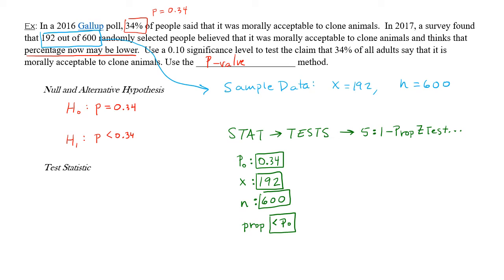In this case, for the test statistic, the first thing it gives me is negative 1.034. And the p-value is the thing that it gives me right below that: 0.1505. Now let's think about how we can interpret these values.